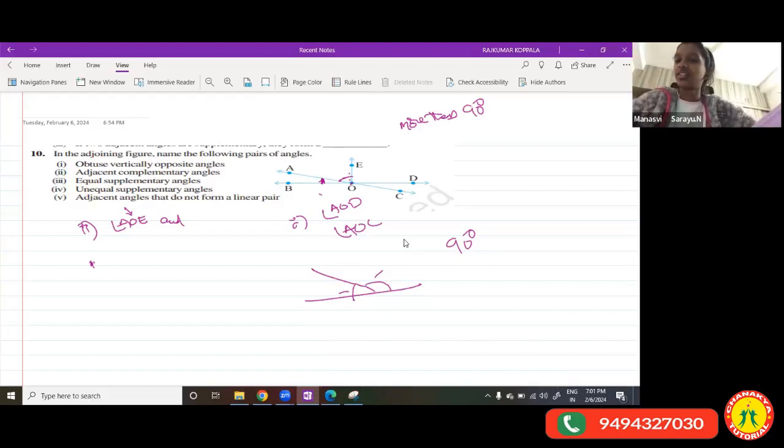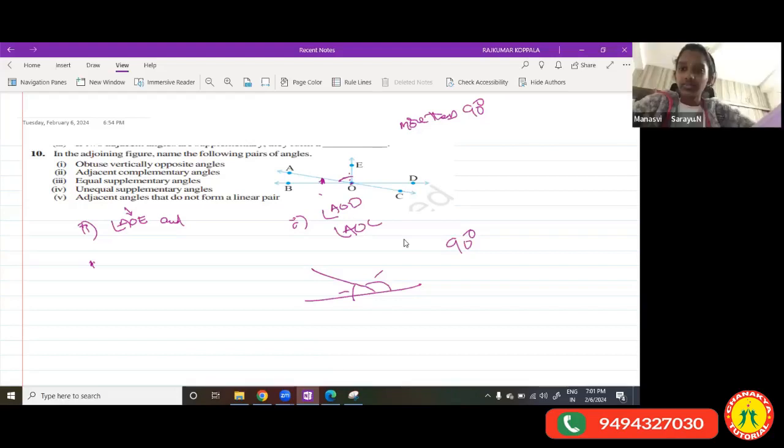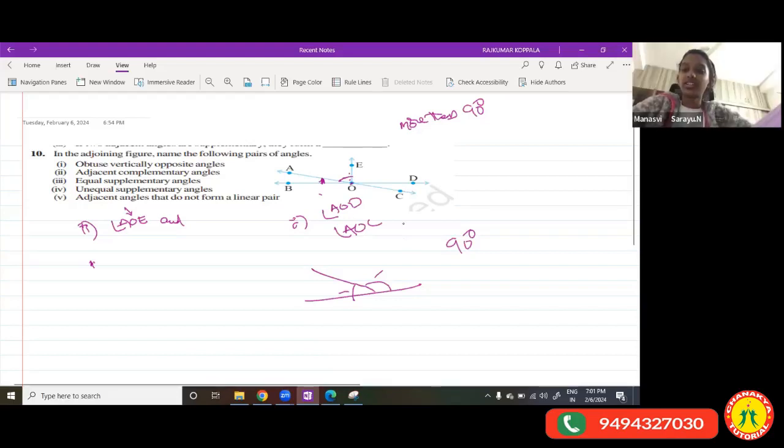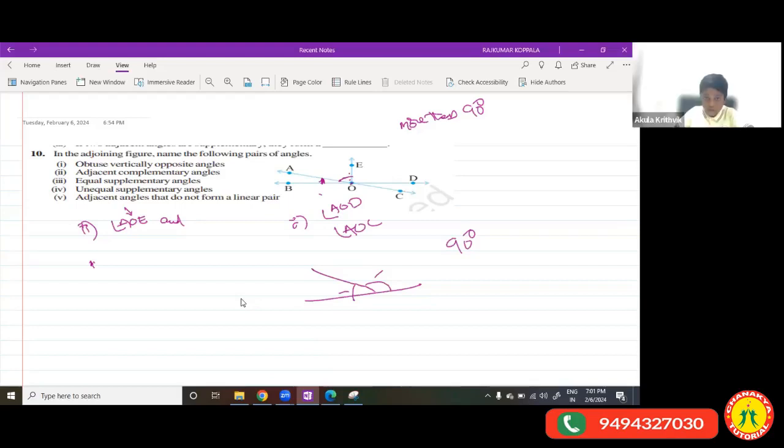Sir, how can we write this angle? Sir, I can't exactly see which angle you're actually pointing at. Cursor is moving. Sir, your cursor is stuck. Not showing cursor. Yes, sir, it's not moving.